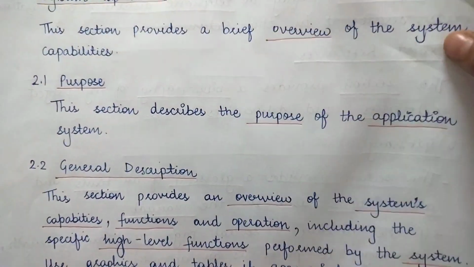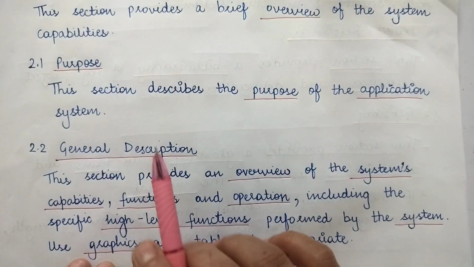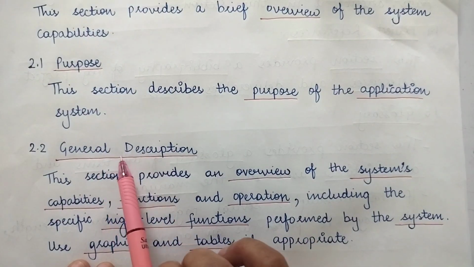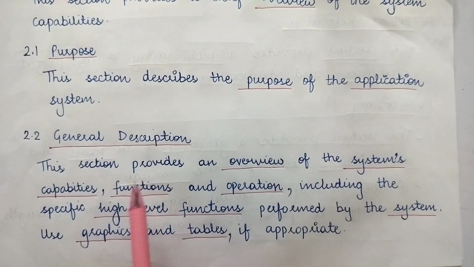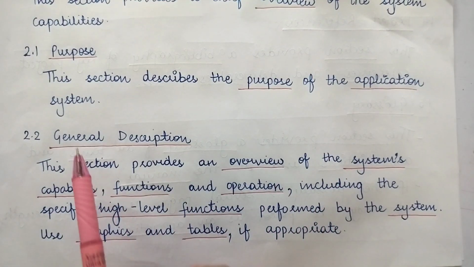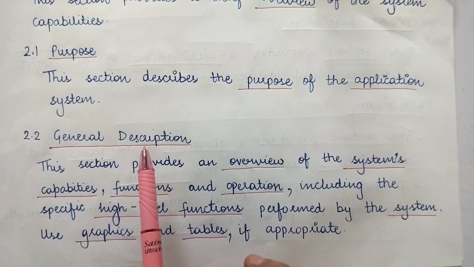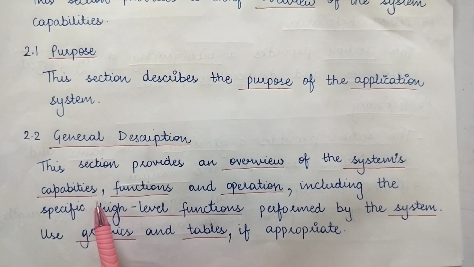The second subsection within the system capabilities is your general description. Now this subsection provides an overview of the system's capabilities. The name itself is general description. That means it will give you a general overview of all the system capabilities, its functionalities, its operations, which includes specific high-level functions performed by the system.